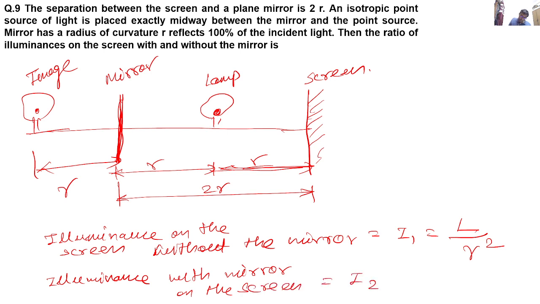let us suppose I2, it is L by r square from the original lamp and from the image also. So that would be plus L by 3r square, because the image distance from the screen is 2r plus r, that is 3r, so we are squaring it basically.